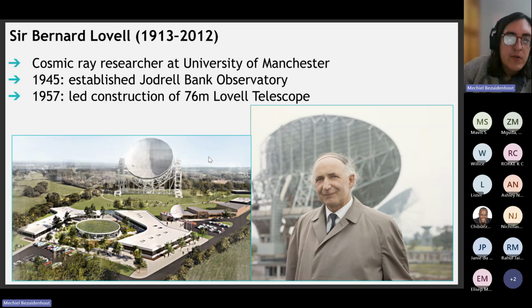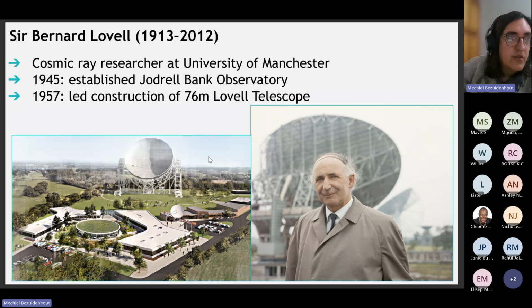That group was led by Sir Bernard Lovell, and he was originally a cosmic ray researcher at the University of Manchester. And in 1945, he established Jodrell Bank Observatory. In 1957, they started construction on the 76-meter Lovell telescope, pictured there, which was at the time the biggest radio telescope in the world.